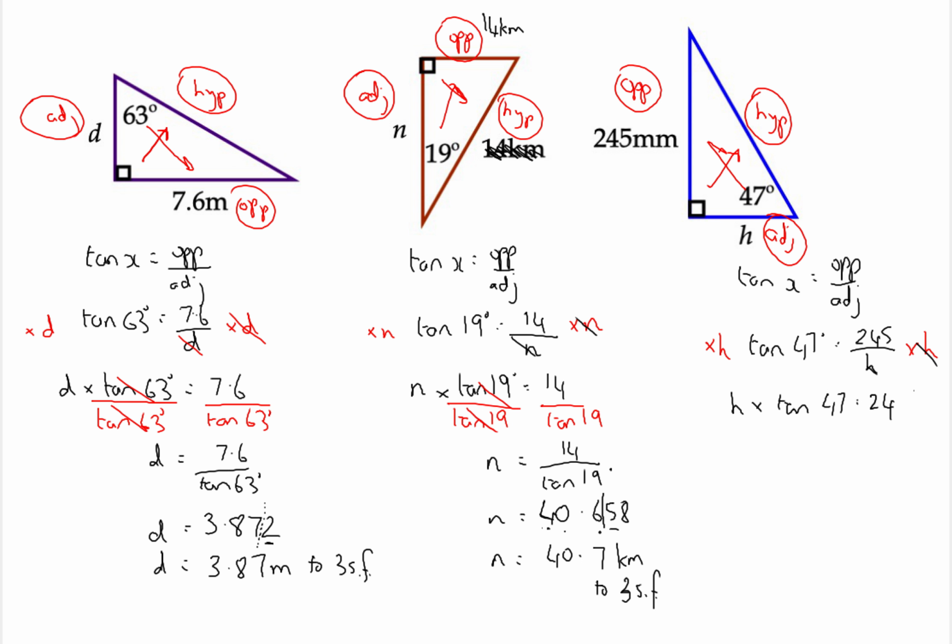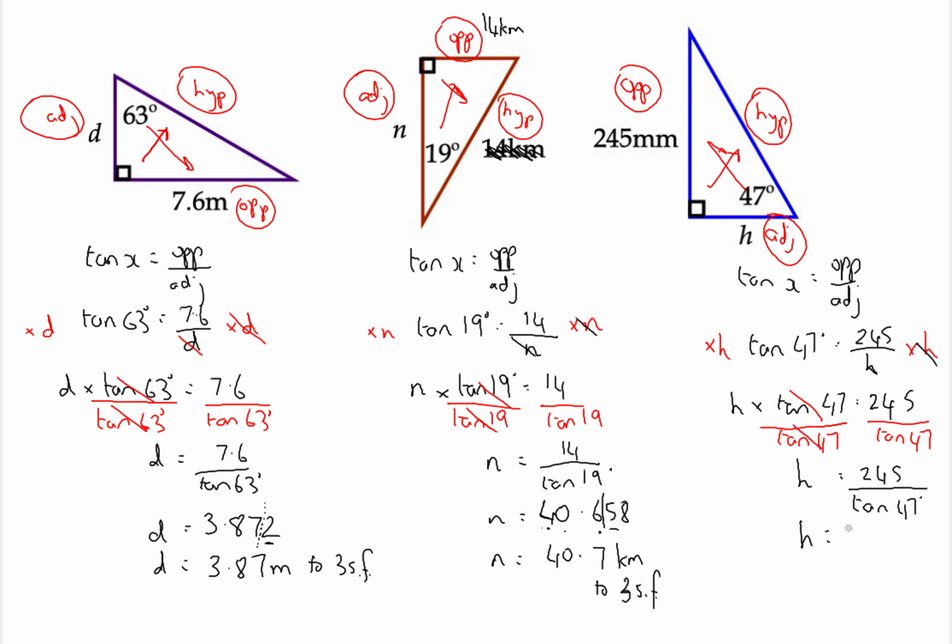There's only so fast you can actually write on these things, equals 245, and we then want to divide by tan of 47 on both sides, which leaves us with h is equal to 245 divided by the tan of 47 degrees. And get that on my calculator. 245 divided by the tan of 47 is 228.46.